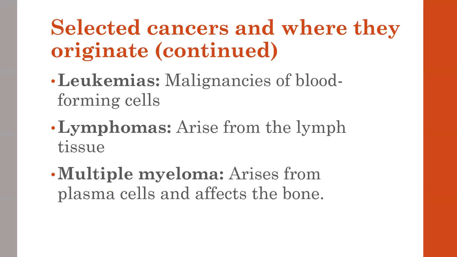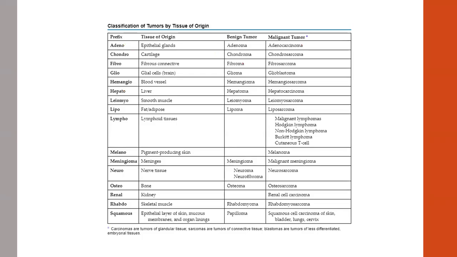Leukemias are problems with the blood forming cells. Lymphomas arise from the lymph tissues. And multiple myeloma arises from the plasma cells that affect the bones. So here's a bunch of different ways of naming cancers and what the fancy medical terms are.